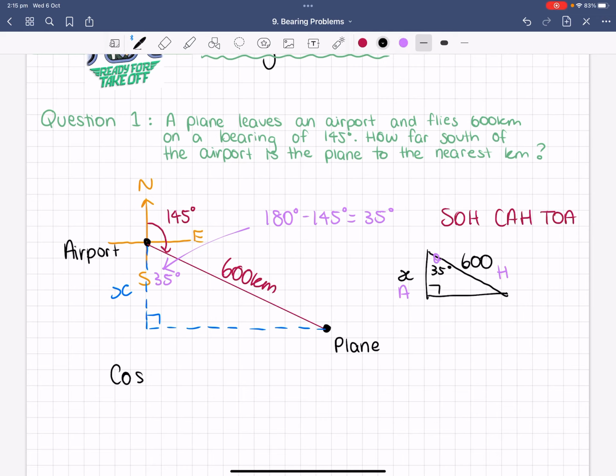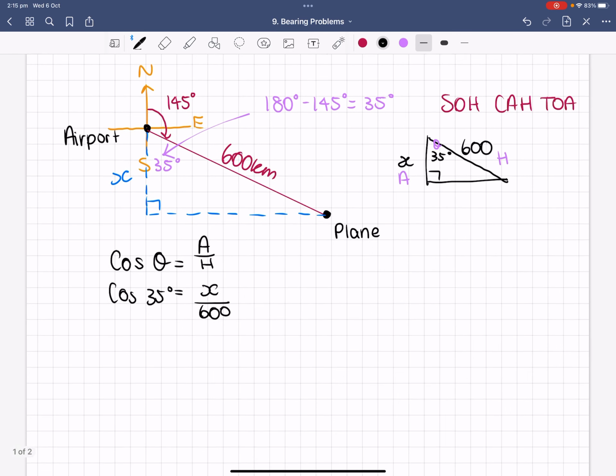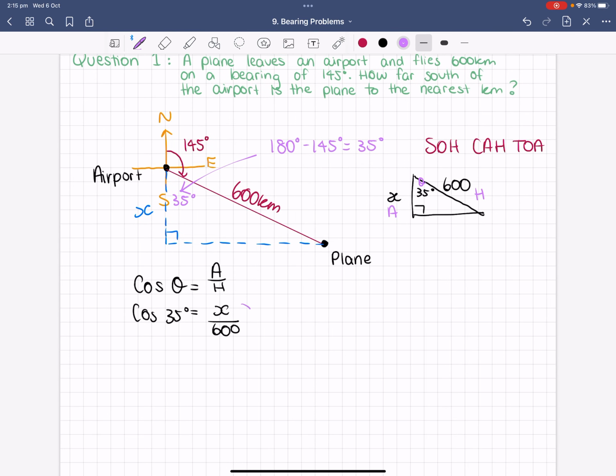So cos of 35 degrees, remember it's cos theta equals adjacent over the hypotenuse, where we've got cos of 35 degrees is equal to our adjacent, which is X, over 600. Remember, we times everything by 600. And we get X is equal to cos 35 degrees times 600.